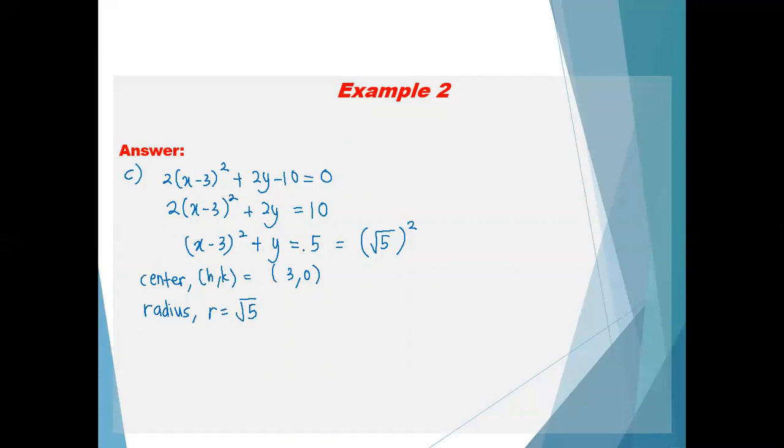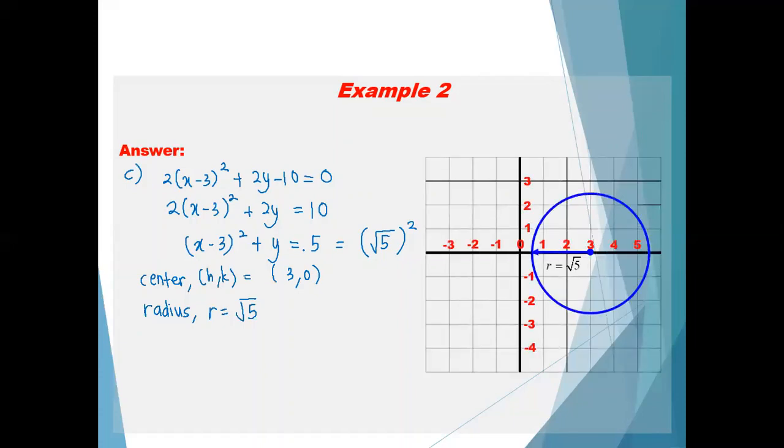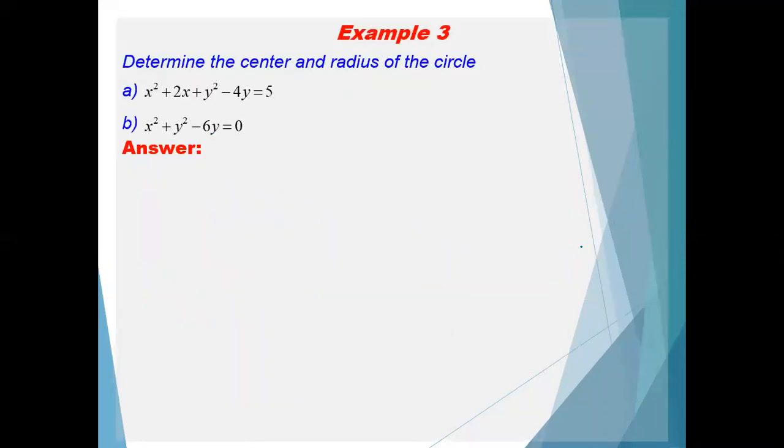Okay, so that is the center and the radius. So how about the graph? The center is at (3, 0), here. And then for the radius, press the calculator to see how much. Right, so that is example 2.